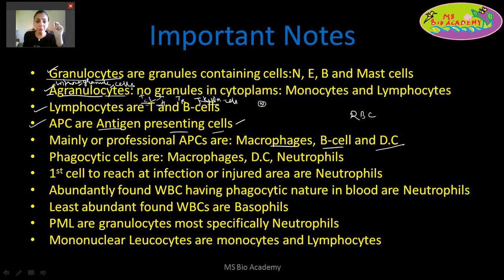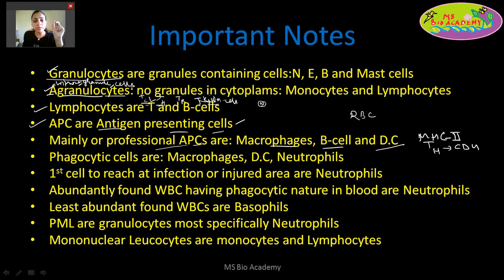So the main professional APCs are these 3: macrophages, B cells and dendritic cells, which present antigen by means of MHC2 molecule. And MHC2 is recognized by the T helper cells, since they have the co-receptor CD4 present on them, right?